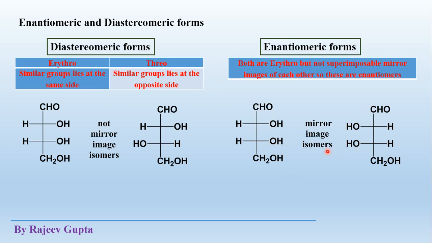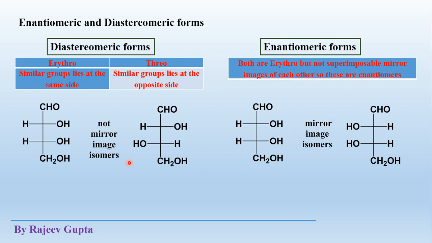But these two structures are mirror images of each other, so both are enantiomers of each other. These are enantiomeric forms of this molecule. Both are erythro, but they are non-superimposable mirror images of each other.